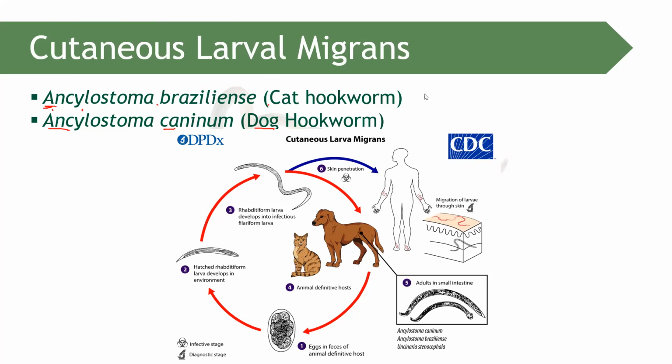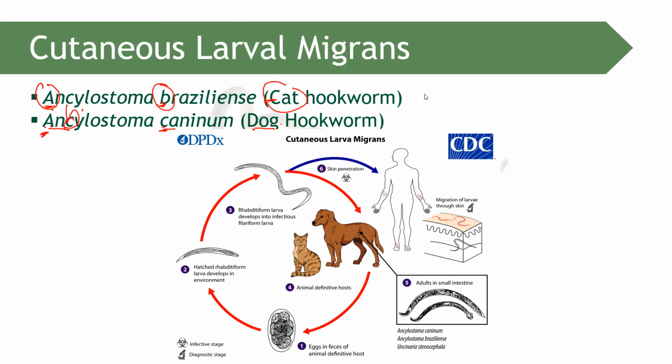A, B, C. Ancylostoma braziliense, cat hookworm. ABC, Ancylostoma braziliense, cat. A, C, D. Okay? Ancylostoma caninum, dog. If you want it complete, A, B, C, D. Okay?